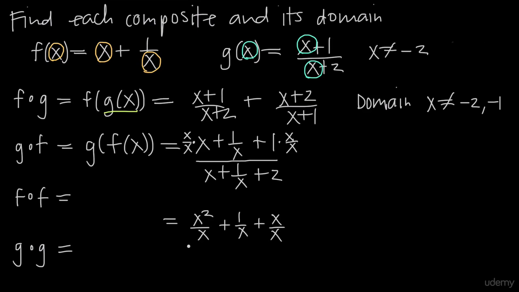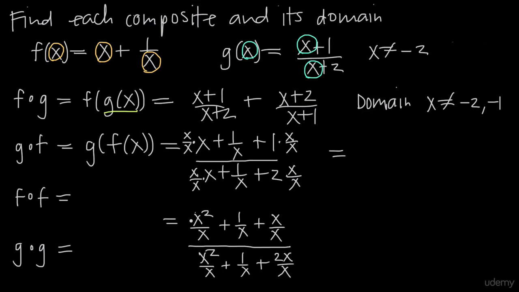That's the numerator. Then looking at the denominator here, same thing. We have this fraction 1 over x, so we want to multiply the other terms by x over x and x over x to get that common denominator. So then in our denominator, we're going to have x squared over x plus 1 over x plus 2x over x. Now we can combine these fractions because we have this common denominator.